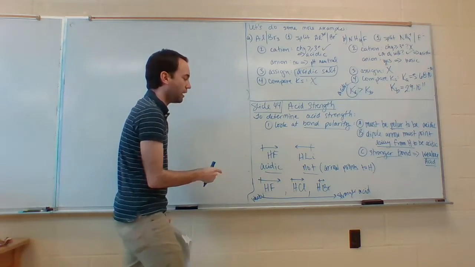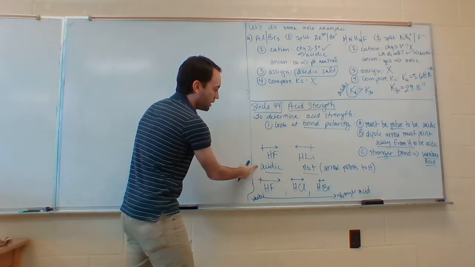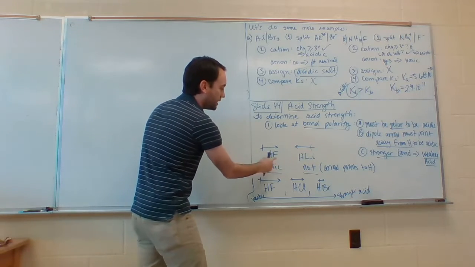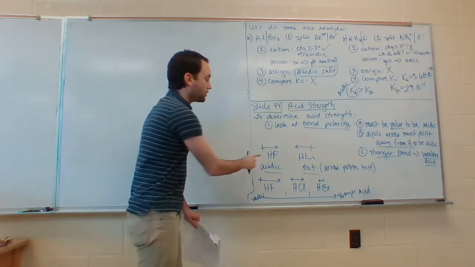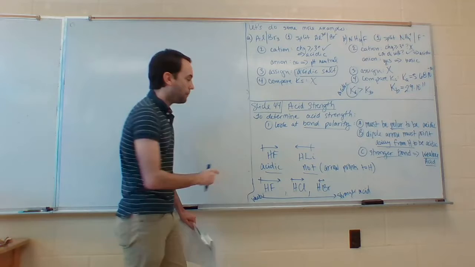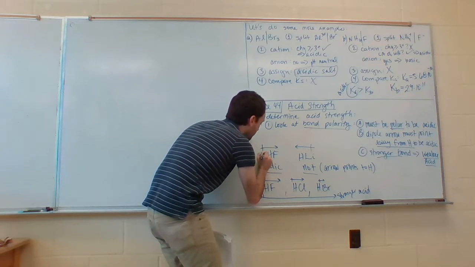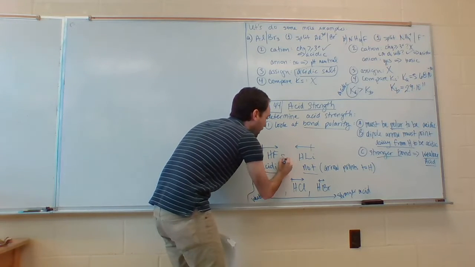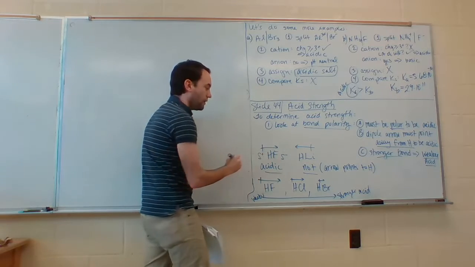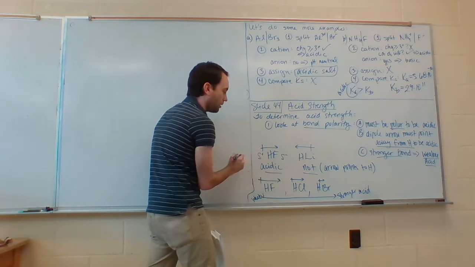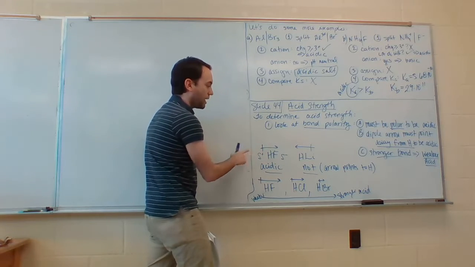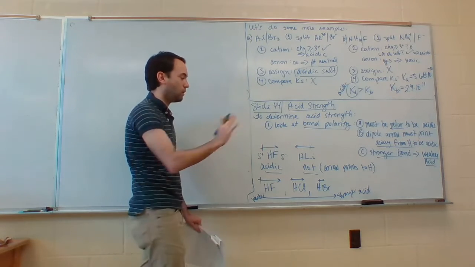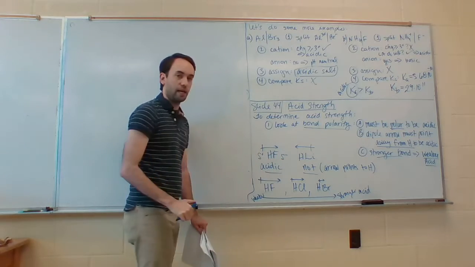Notice that in this case, the fluorine is more electronegative than the hydrogen. That makes the hydrogen a delta positive charge and the fluorine a delta negative charge. That means we can draw our dipole arrow, putting the plus side near our delta positive, and we always point away toward the negative.